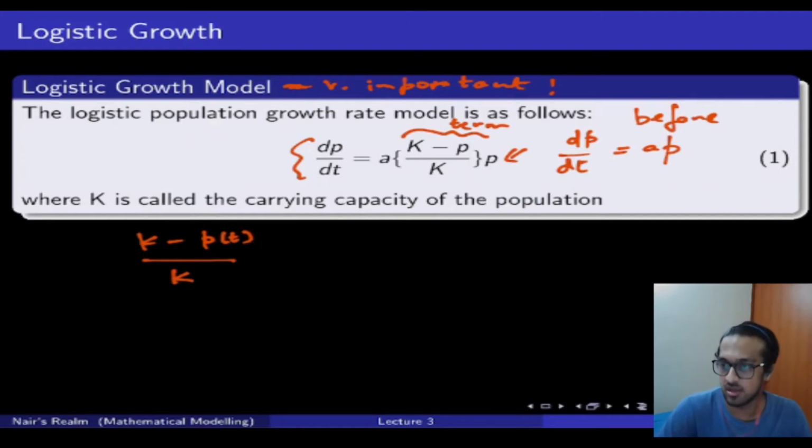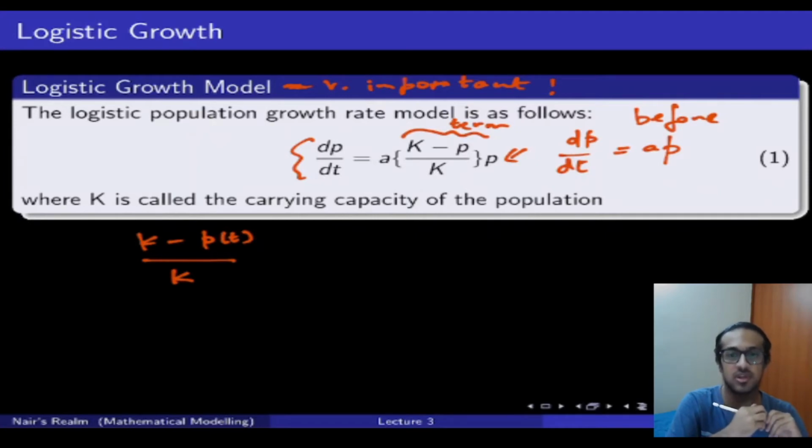Firstly, the K here, the capital K, is called the carrying capacity of the population. So it's important to understand what the carrying capacity means. Carrying capacity can be thought of as the maximum population size that a particular environment or a system can accommodate. And if you think about it, that is actually a very realistic scenario.